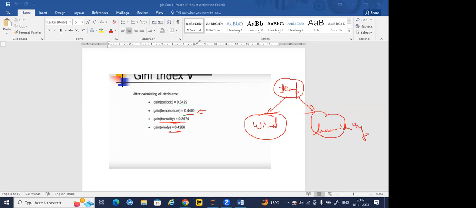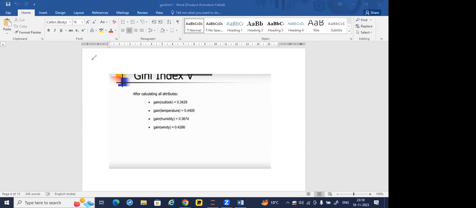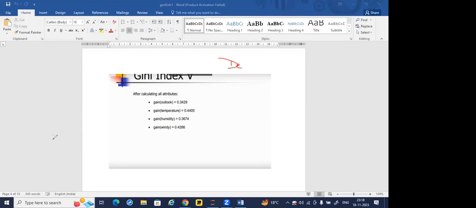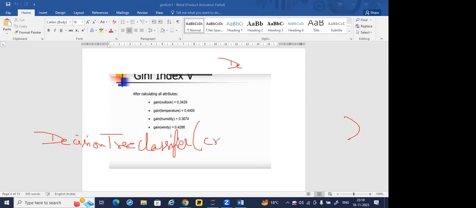So basically what happens in case of a decision tree, when we work with the decision tree, we give the value criterion.